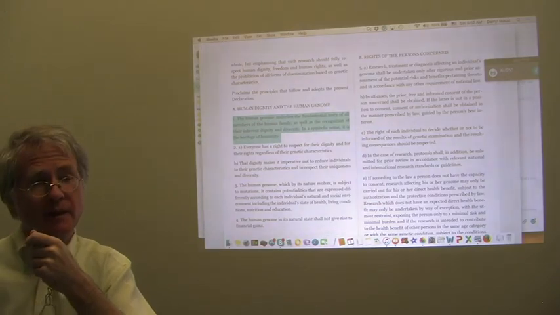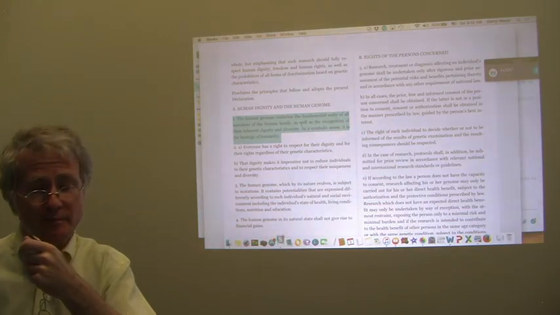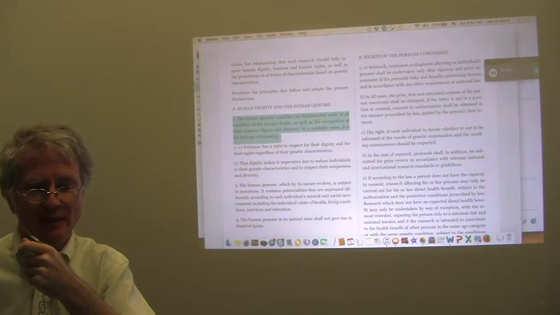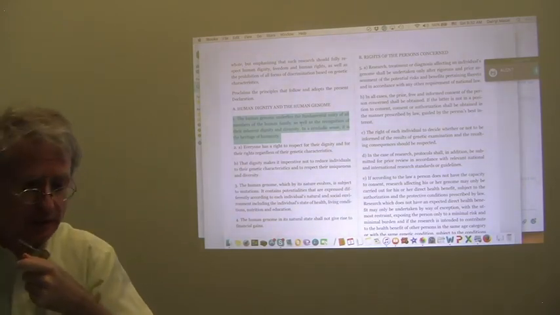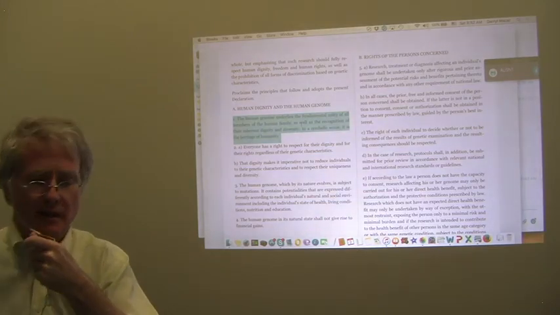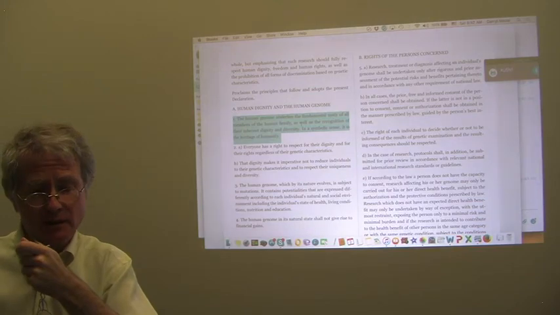But if it's a particularly high life insurance policy, let's say for $1 million or more, which may nowadays not be so high if the cost of living is taken into account in some expensive countries, for those high policies, life insurance companies are allowed to do a certain battery of tests. So these are issues.